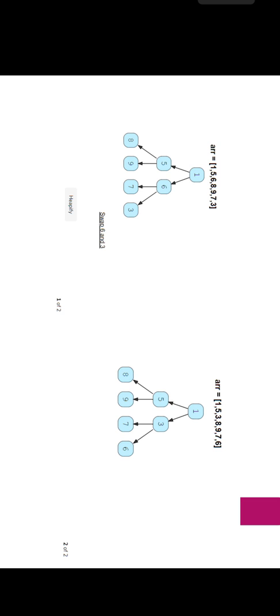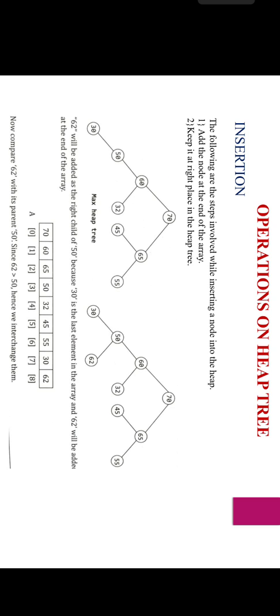As you can see on the left side, 1, 5, 6, 8, 9, 7 and 3, 6 is not the smallest; the root node is greater than the children. So what we need to do is swap 6 and 3 so that the root node is smaller than the children, because this is a min heap. So as we swap 6 and 3, it becomes a min heap.